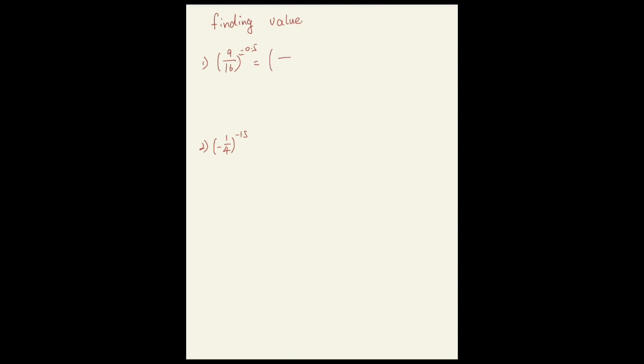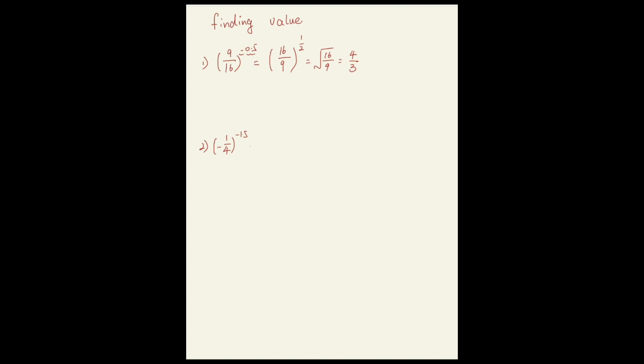So we change 9 from top to bottom, 16 from the bottom to top, and then we can change this decimal to a fraction, so it's half. For the root, it's the square root of 16 over 9, and then the answer is 4 over 3.